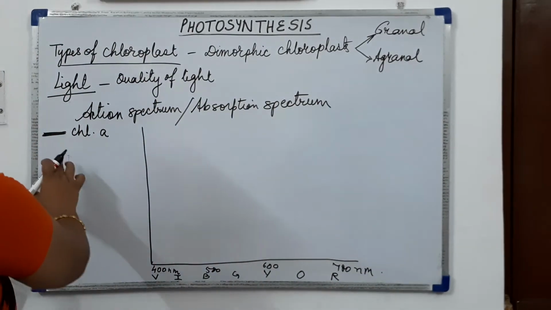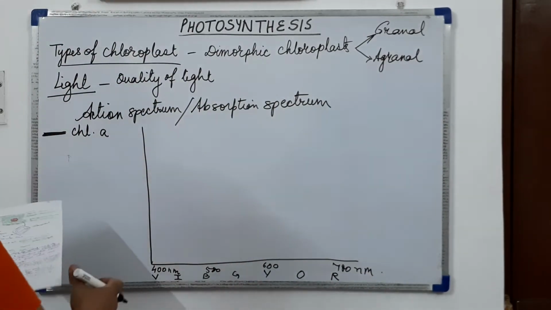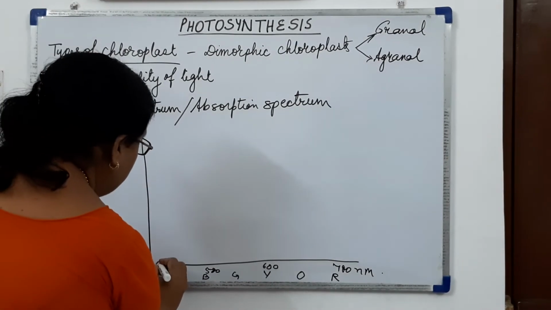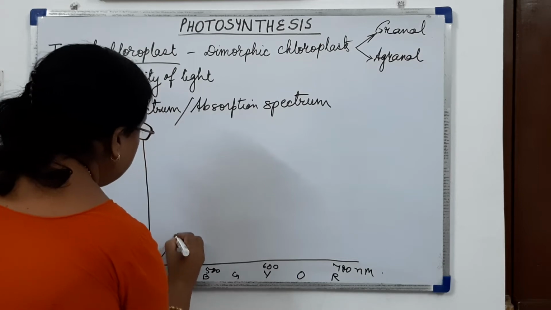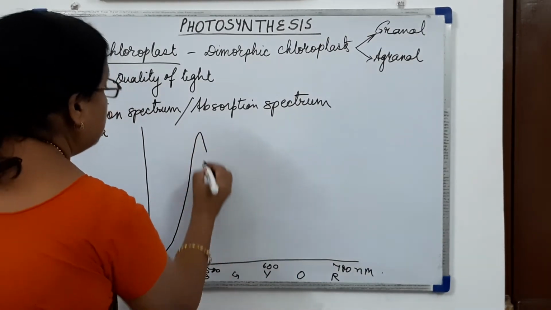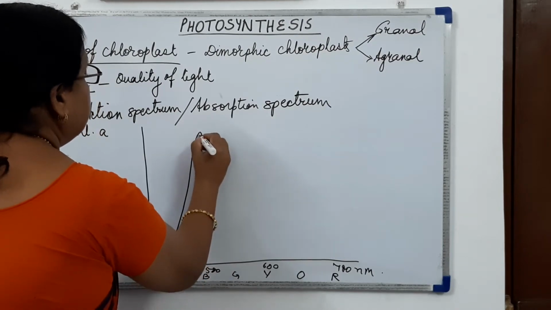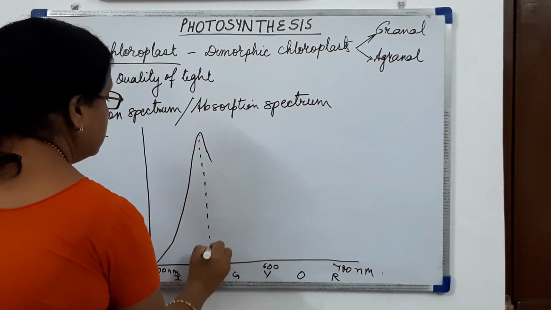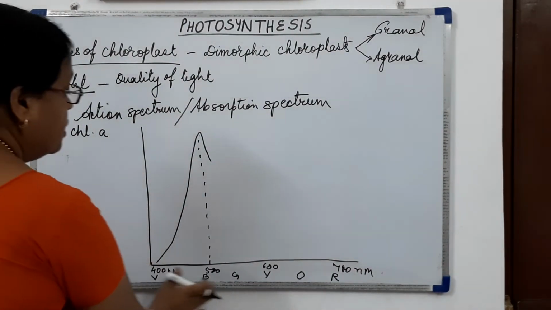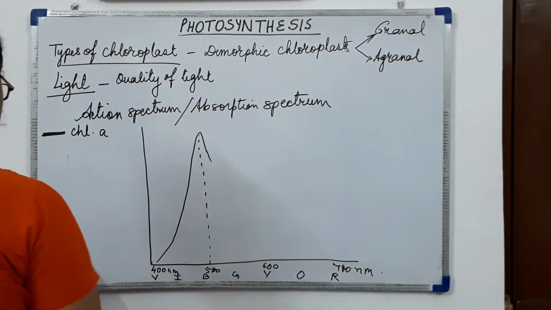So if we see the graph of chlorophyll A, we will see that maximum absorption by chlorophyll A is being done at the wavelength which is coming in the blue area of the VIBGYOR.